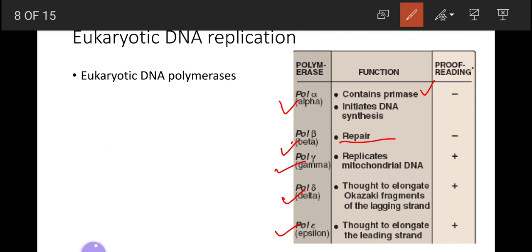And polymerase epsilon is used to complete the DNA synthesis on the leading strand. Polymerases delta and epsilon both have, in addition to 5' to 3' polymerase activity, 3' to 5' exonuclease activity, which will proofread the newly synthesized DNA.